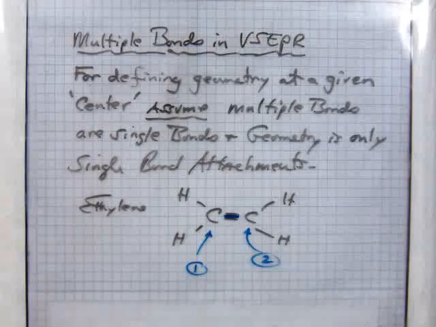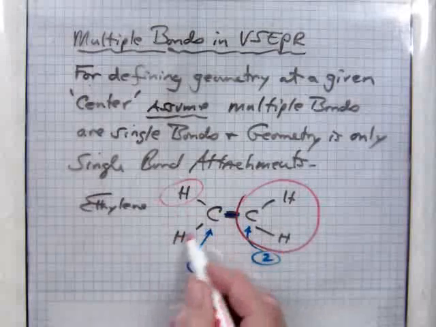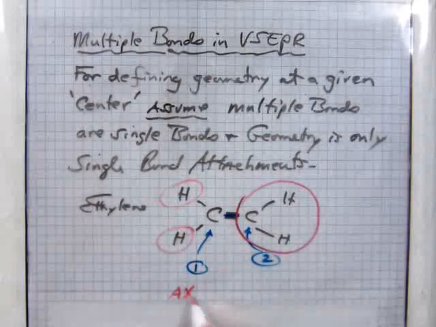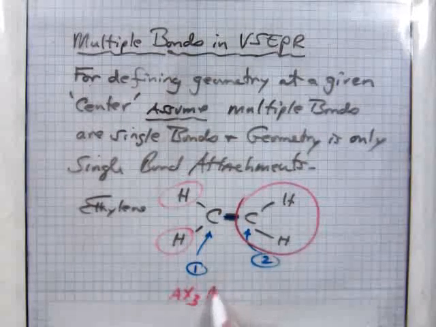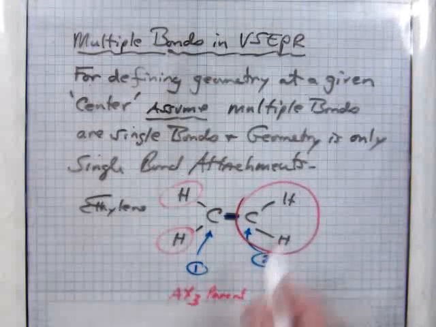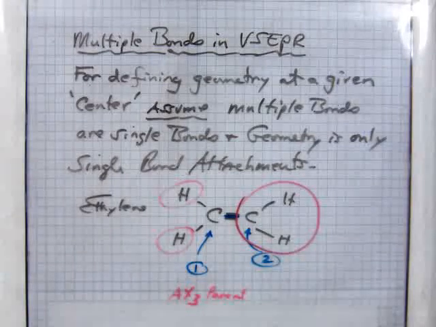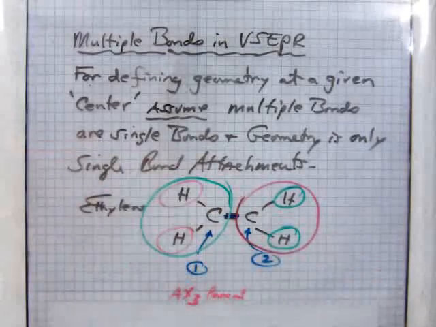So when you look at this, carbon 1 has 3 attachments right there. And since it's an AX3 parent structure, as a matter of fact, carbon-2 does the same thing in that it has 3 attachments: hydrogen, hydrogen, and then the group over here in that one.